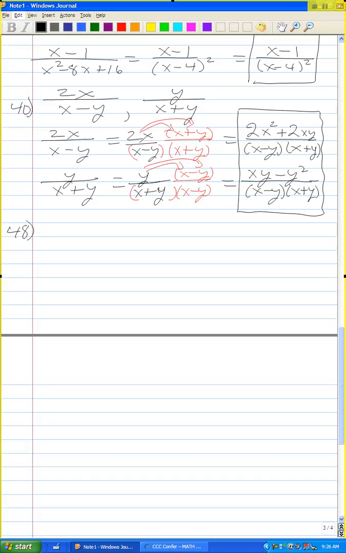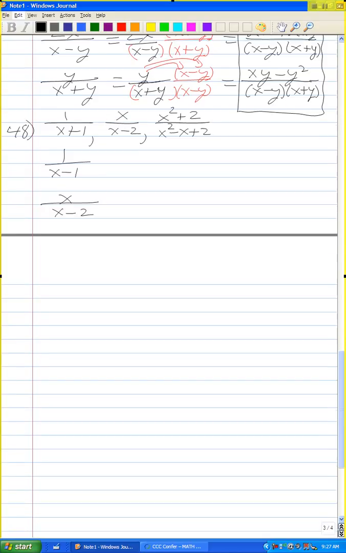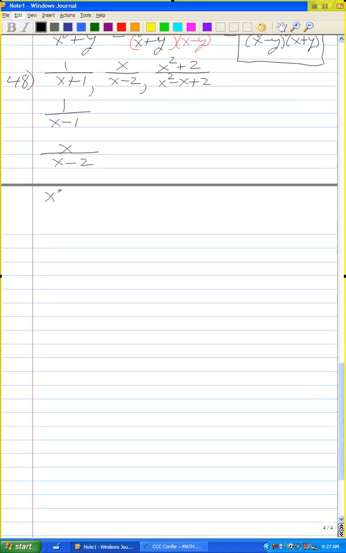1 over x minus 1, x over x minus 2, x squared plus 2 over x squared minus x plus 2.